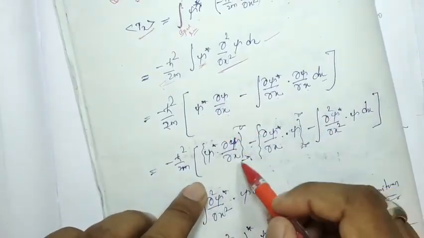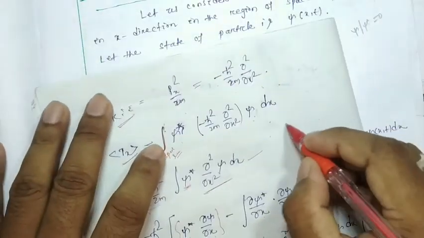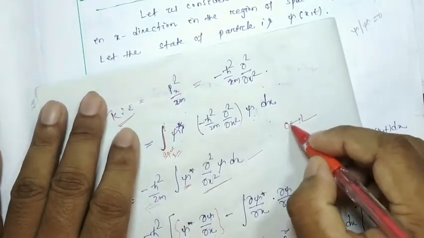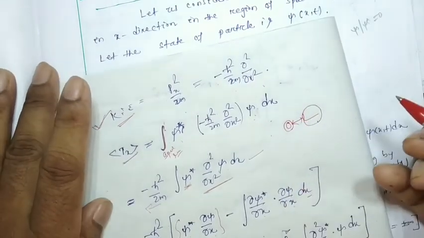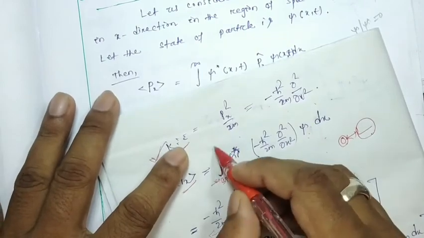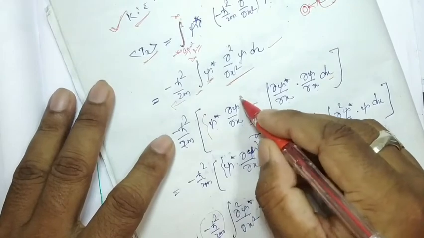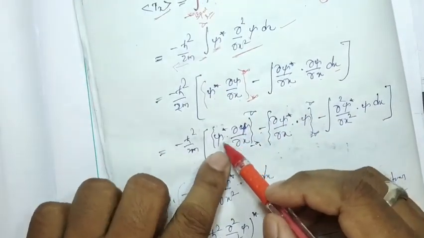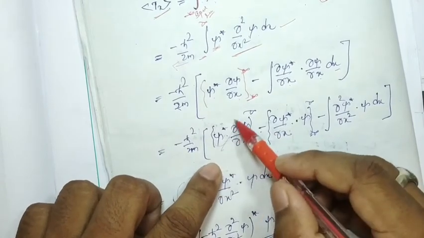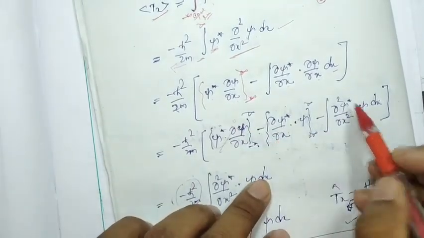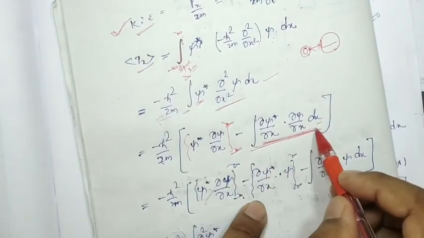Here we have to put the limit, suppose 0 to L. At 0 the function does not exist, at L the function does not exist. So it is better to write minus infinity to plus infinity. If psi star or psi does not exist there, the boundary part will be 0, and for the rest of it we again have to consider integration by parts.